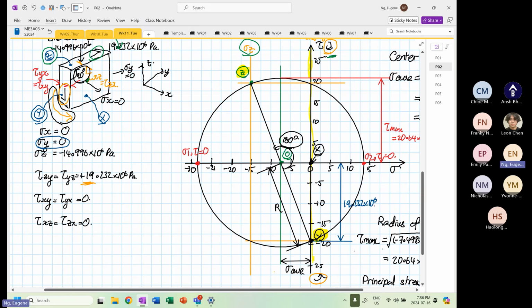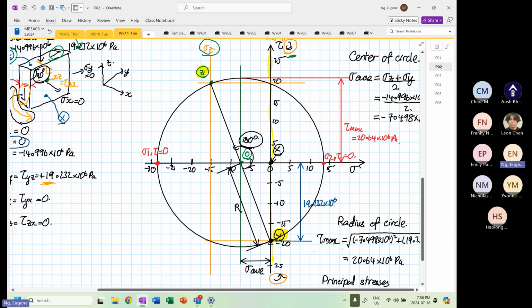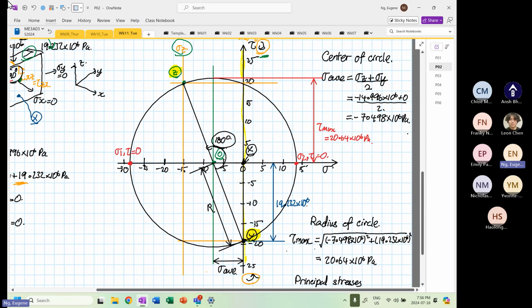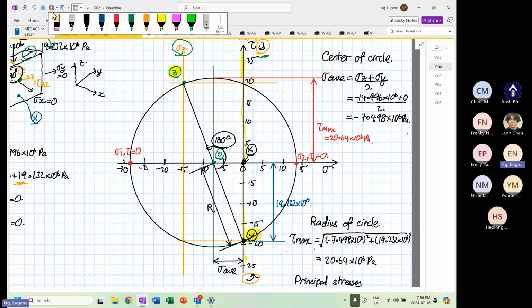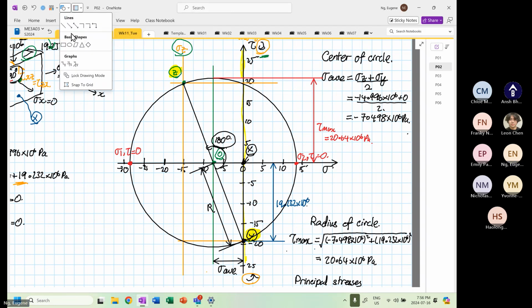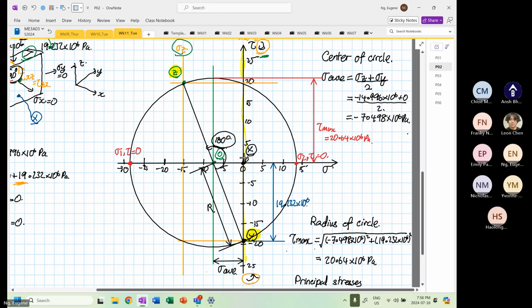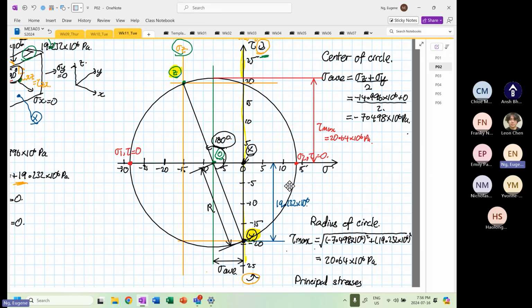So if we know that is point X, we can draw 2 more circles. Okay, so one circle will be down here. Okay. So one circle will be here. Oh, too much. This circle is too big.